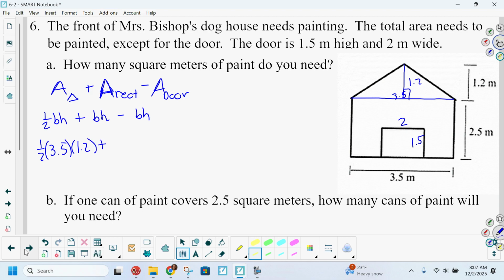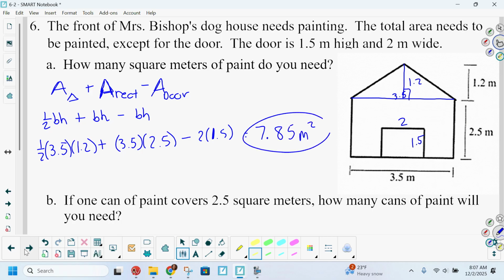And then the area of the rectangle is 3.5 times 2.5. And then I have to take away the area of the door, which is 2 times 1.5. I can just type this in my calculator now. Make sure you're okay typing that in. And I get 7.85 meters squared.